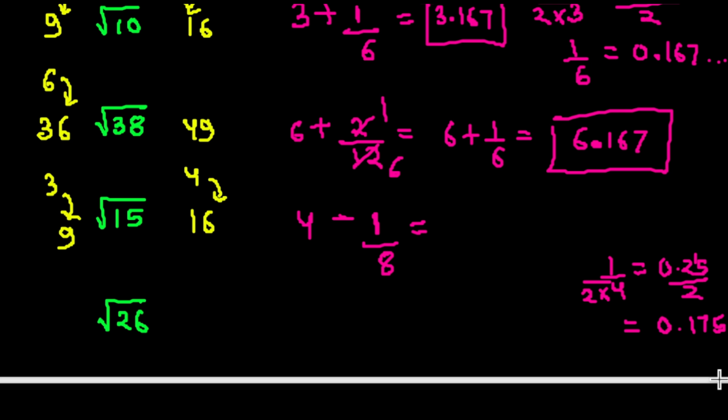So you should get 0.125 over there, and that is 4 minus 0.125, and that should get you a value that looks like 3.875. Please check for this one, 3.875.